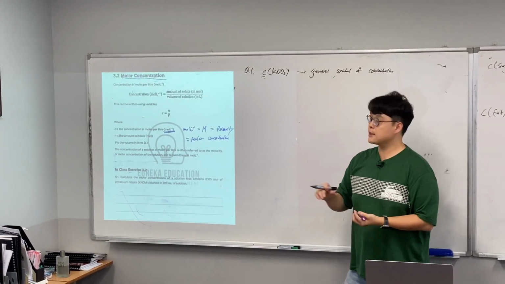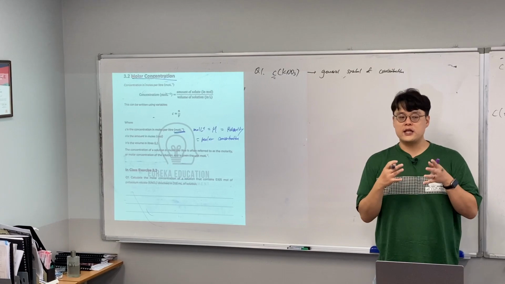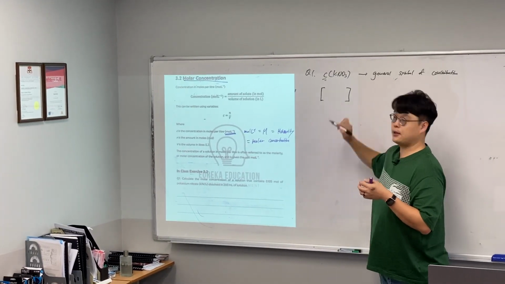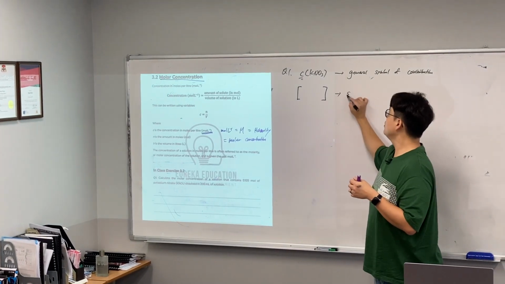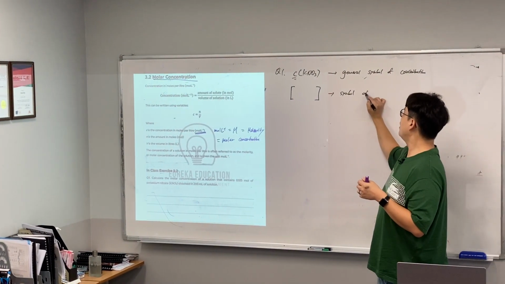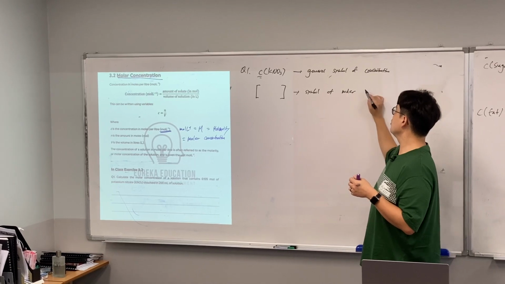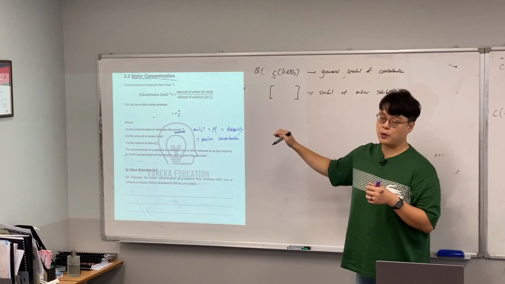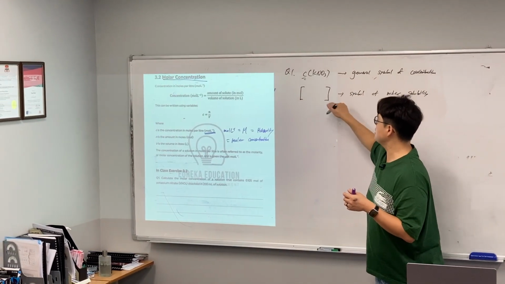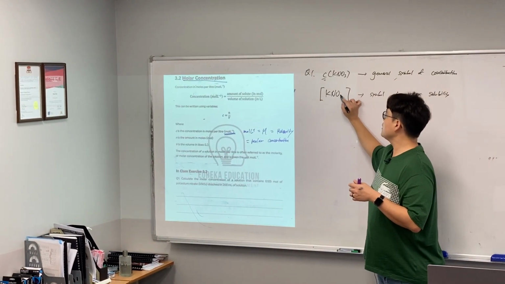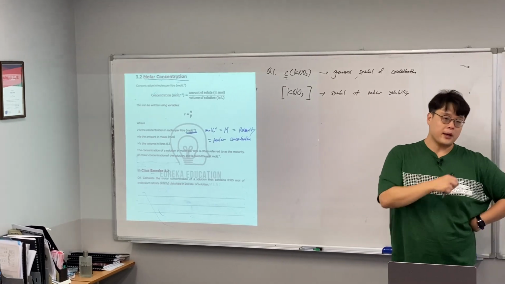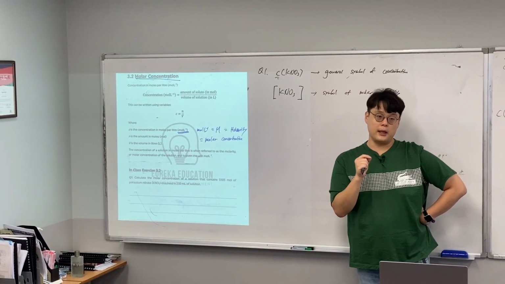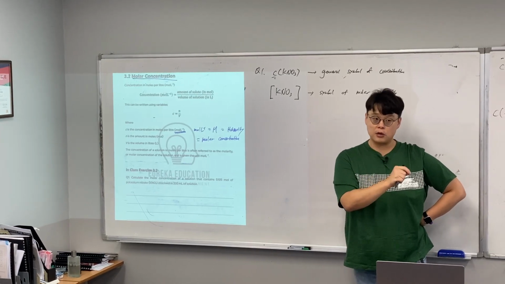But for molar concentration or molarity, we're using the big bracket. This is a symbol or representation of the molar concentration. So when I'm writing that big bracket and KNO3, this is asking you, find me the molar concentration, not just any concentration.